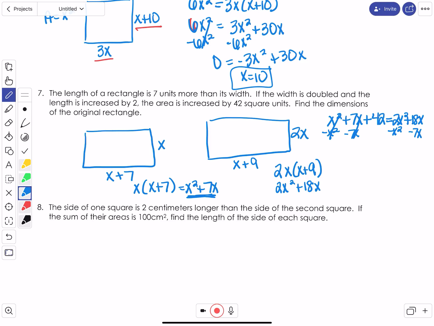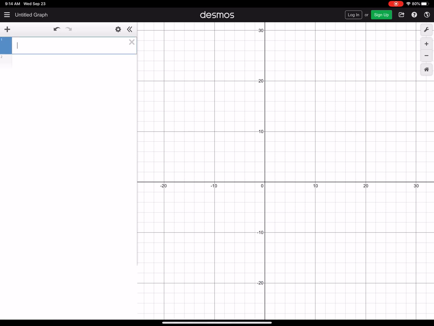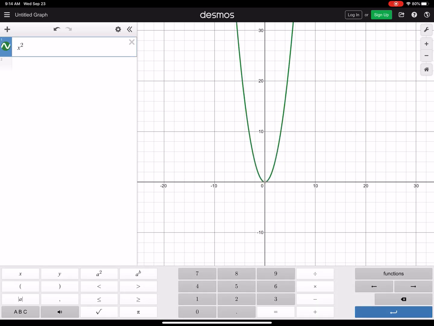And so that's going to give me x squared plus 11x, and then minus 42, because I would also subtract 42. Because there's nothing over here to subtract 42 from. Okay. And that's all equal to 0. So this is the equation I'm going to type in on Desmos. Okay, so I have x squared plus 11x minus 42.